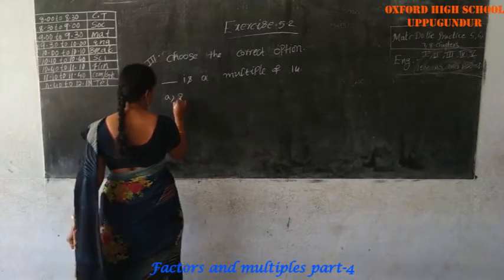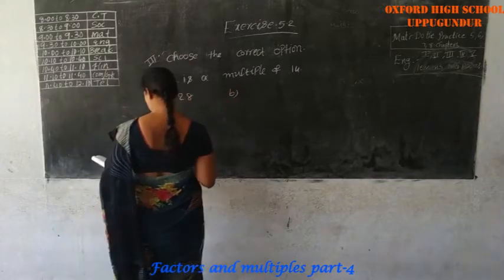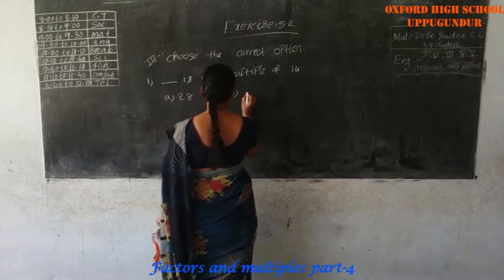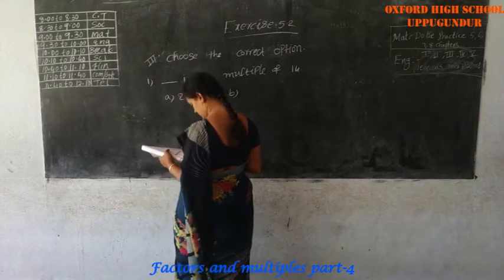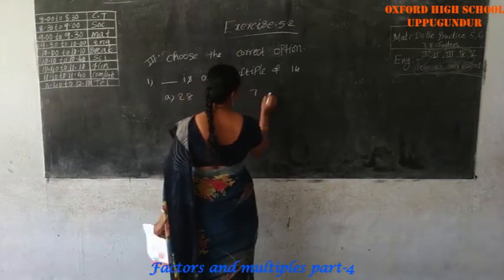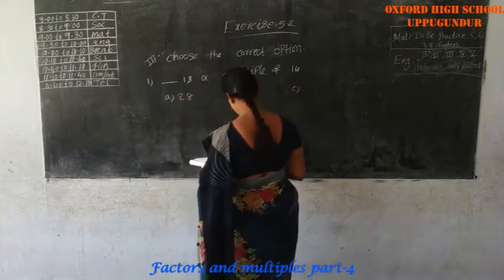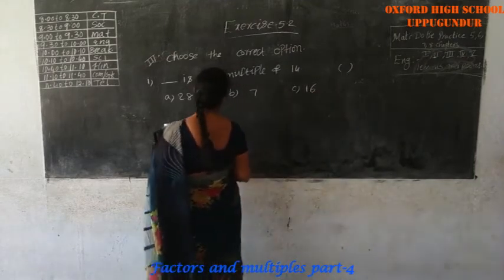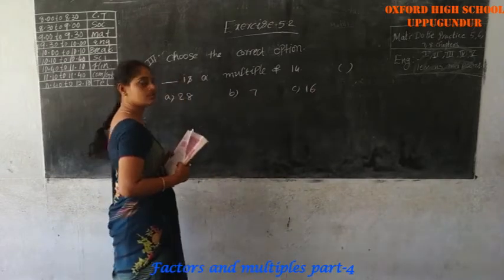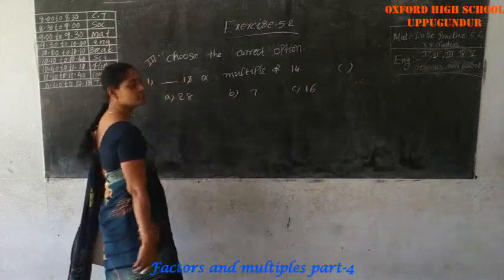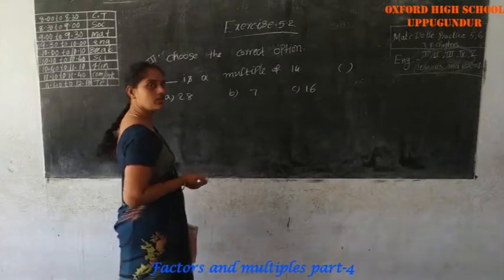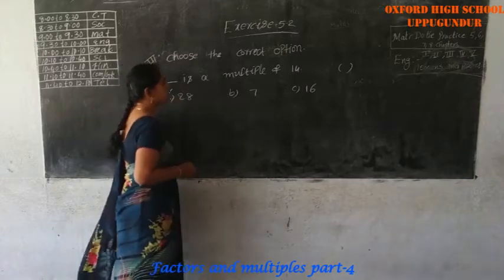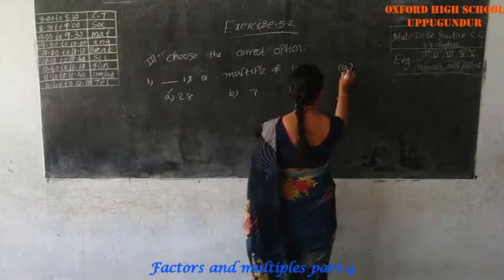The 14 multiples: 14 ones are 14, not there. 14 twos are 28. Is 28 there or not there? There. So 28 is a multiple of 14.